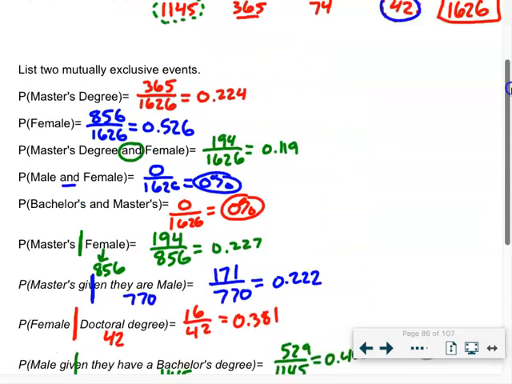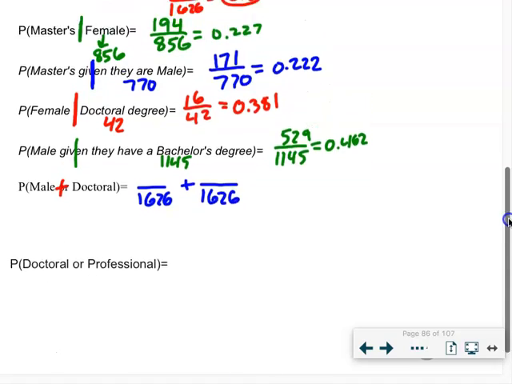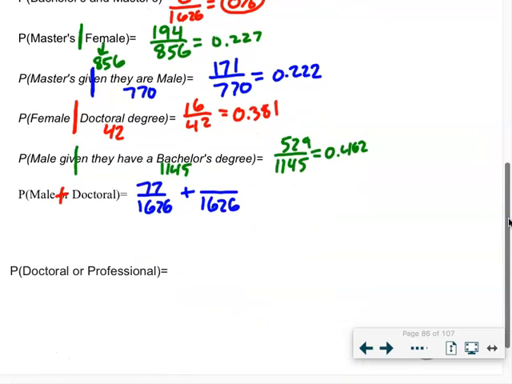So we're back to the big numbers, 1626 for this situation. The number of males was 770. So there's 770 males in this study. There was only 42 doctorate degrees in this study.